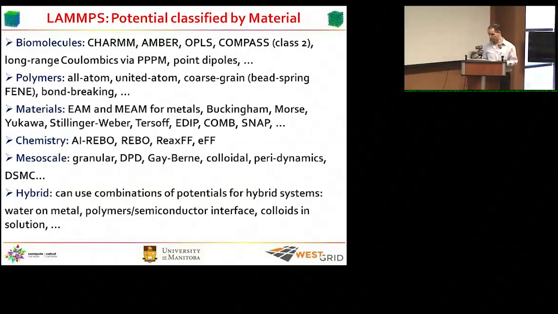For metallic materials, we use more often the embedded atom potential and modified embedded atom potential, Buckingham, Stillinger-Weber, Tersoff, and so on. There are also hybrid potentials, for example, water on metals, polymers on semiconductors. So with LAMMPS, it's possible to combine two or more different potentials.